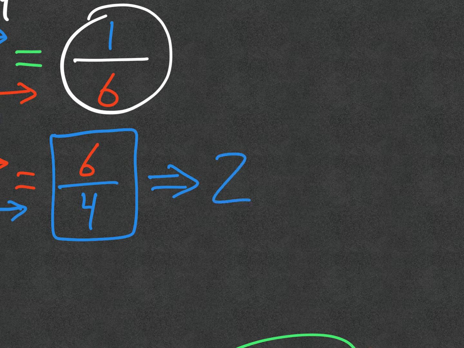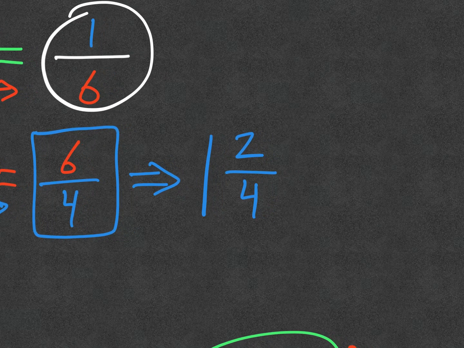You'll learn how to do this quickly, hopefully, but 4 fits into 6 twice. Or sorry, 4 does not fit into 6 twice. 4 fits into 6 once, and there's 2 left over. I keep the denominator the same, and then I have 1 2/4.